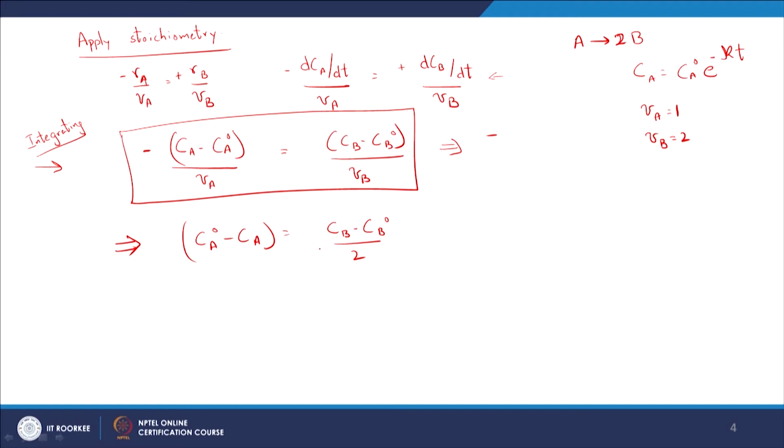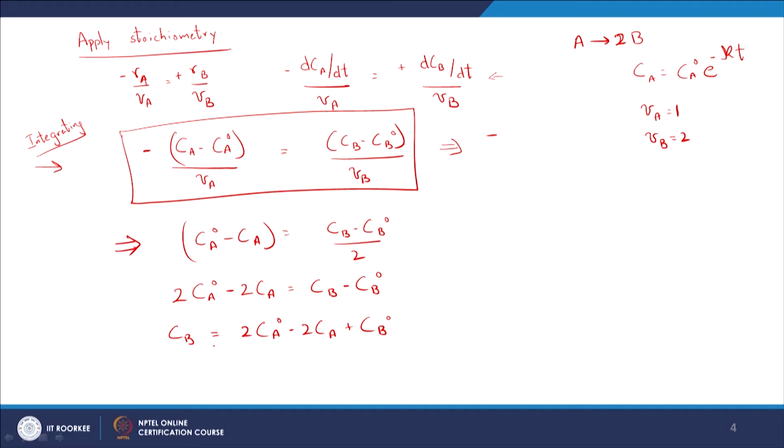So let us solve for B and then plug in for Ca later on. So 2 times Ca naught minus 2 times Ca would be equal to Cb minus Cb naught, and that would mean Cb is equal to 2 times Ca naught minus 2 times Ca plus Cb naught.